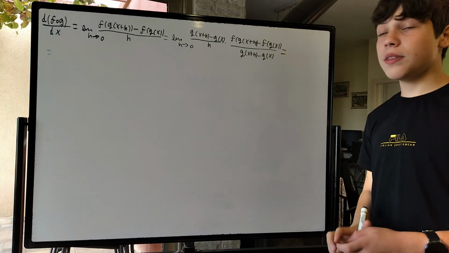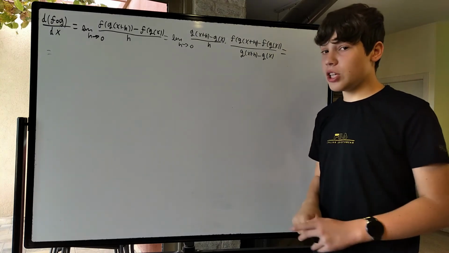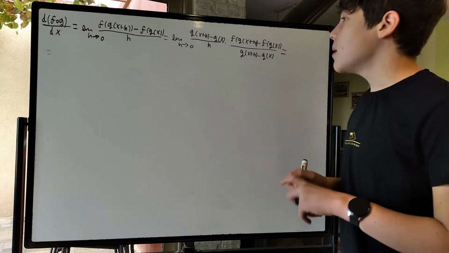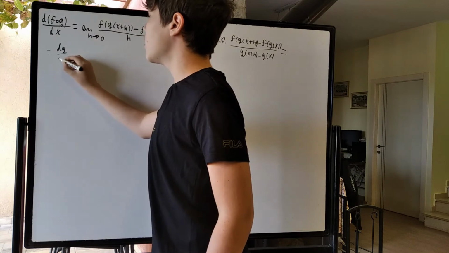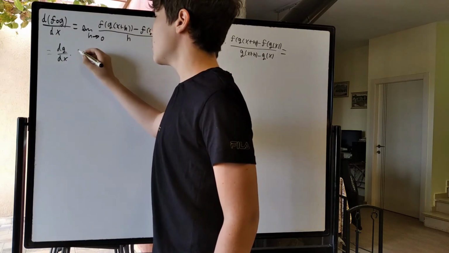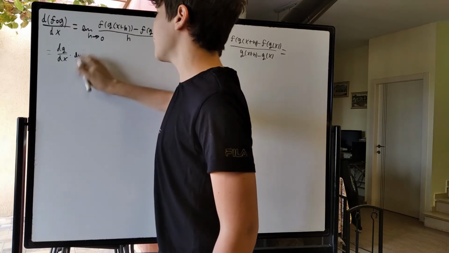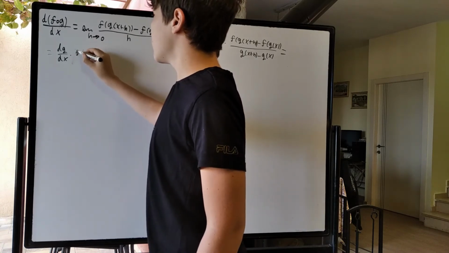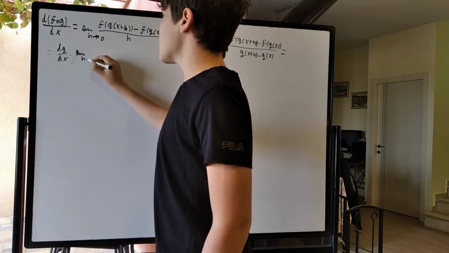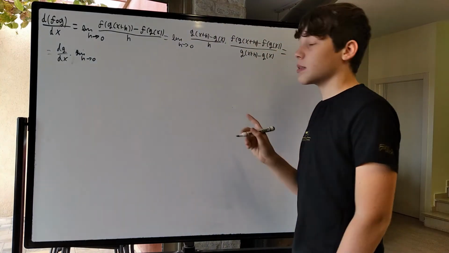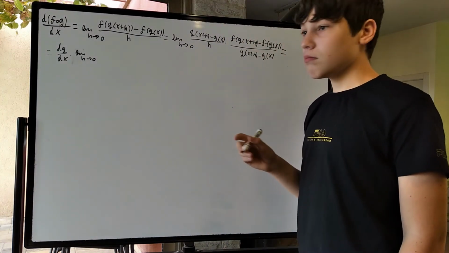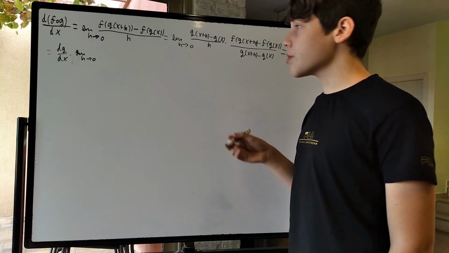This is just the derivative of g with respect to x, meaning that this is dg over dx. Then we're multiplying by the limit as h goes to 0. Now I'm going to write g of x plus h here in a bit of a weird way, but you'll soon see why.